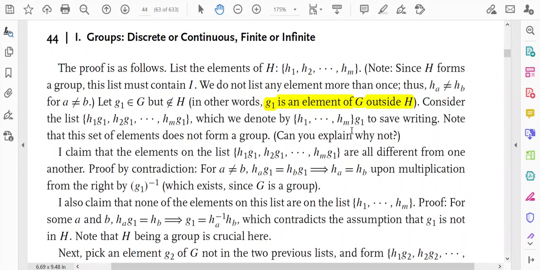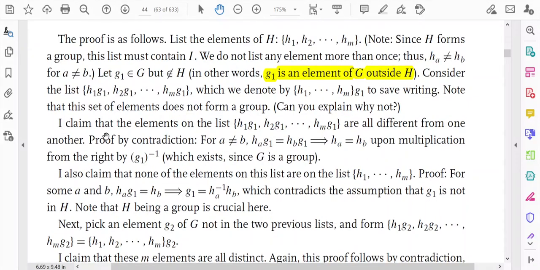This is a new set of elements, but it does not form a group, because g1 is outside the group H. If g1 were an element of H, there would be just a permutation, giving the same group H. But as g1 is outside H, this list does not form a group.